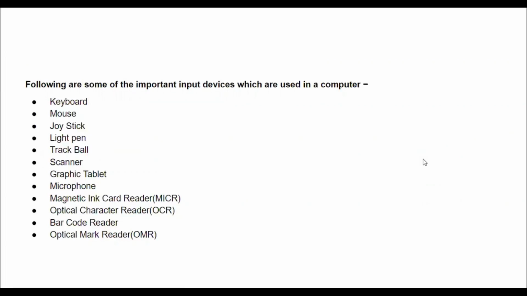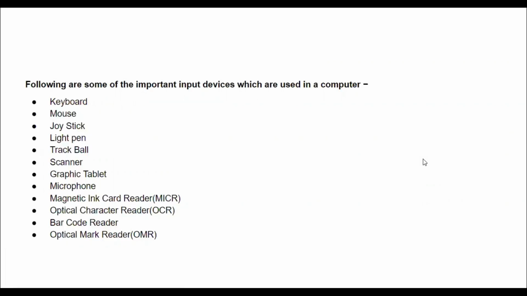In computing, an input device is a peripheral, a piece of computer hardware equipment used to provide data and control signals to an information processing system, such as a computer or other information appliance.